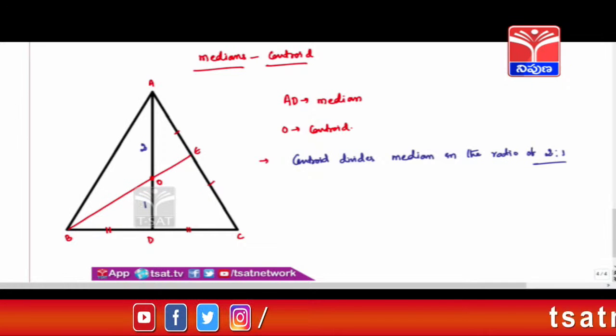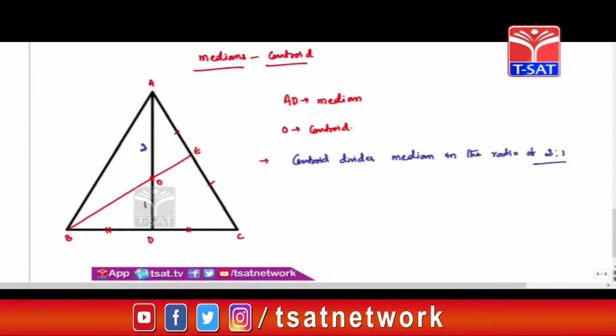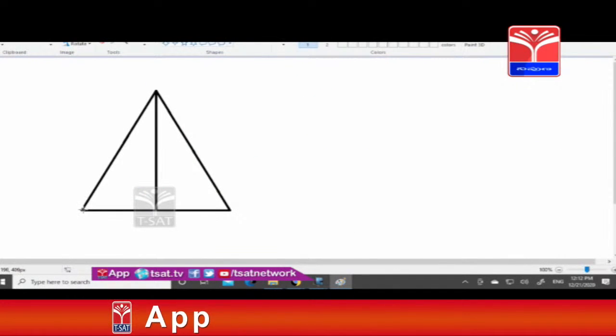So the centroid divides the median in the ratio 2 is to 1. We will look further into it. I am taking all three medians here.